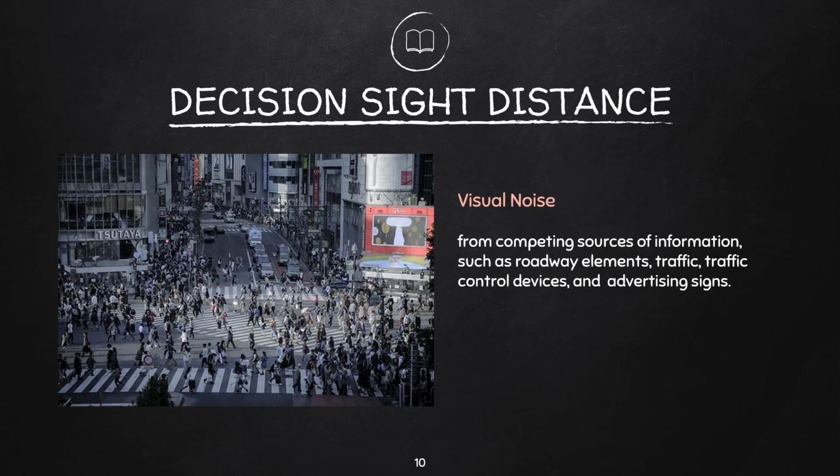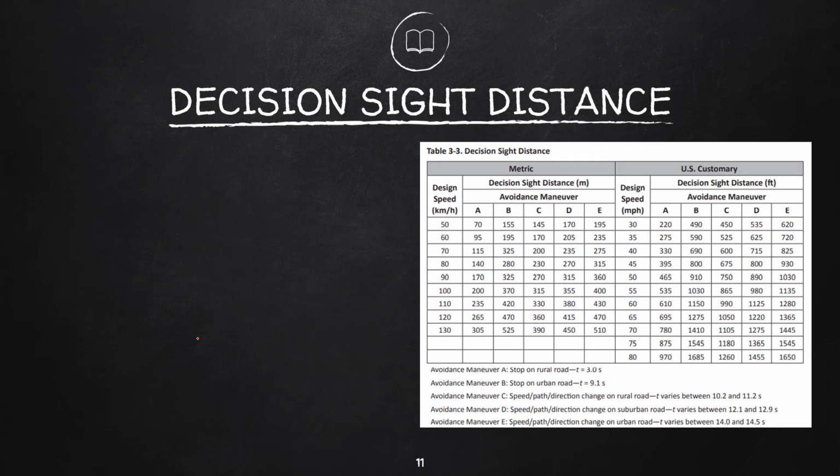So in this case, we need to provide decision site distance for the drivers to maneuver. And besides the visual noise that is occurring here, this is also an intersection. So those things are considered.